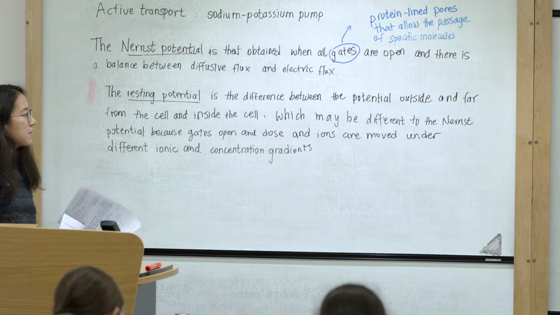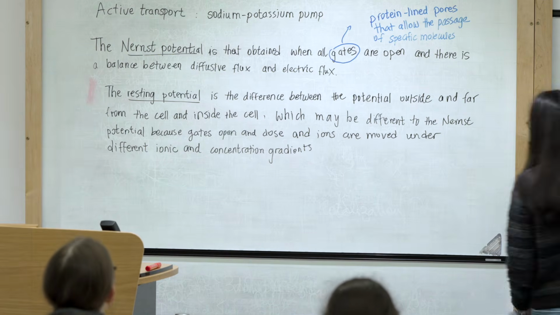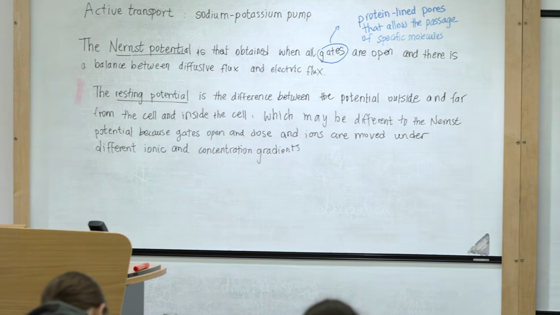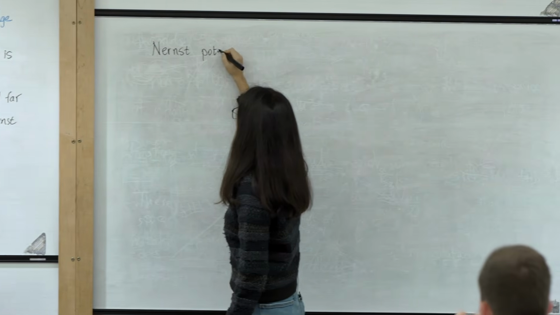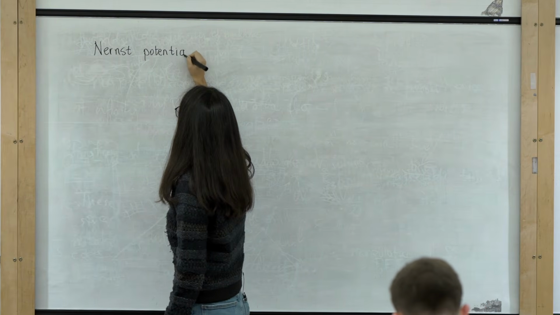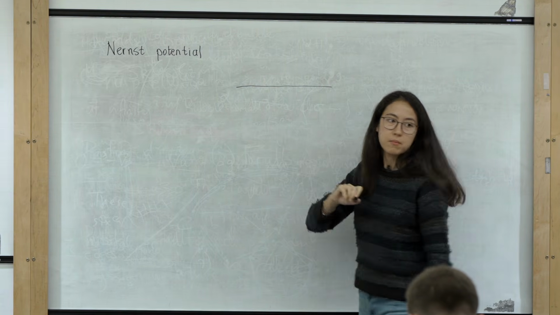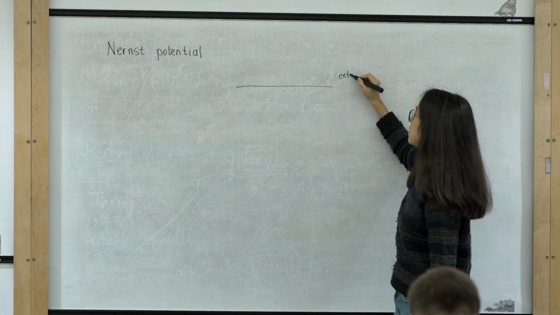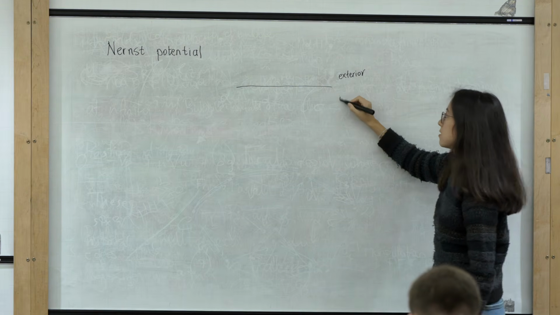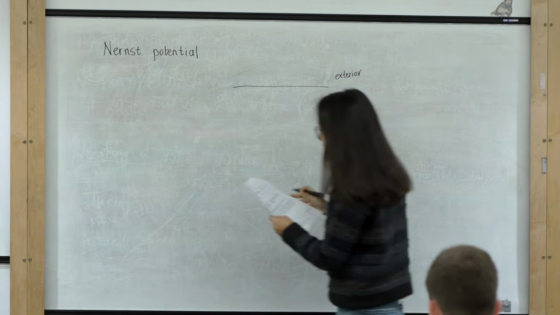Okay, so this is kind of difficult to understand if you don't see a diagram. So let me explain what these different things are. So I will first introduce this Nernst potential schematically. So let's imagine that this line that I draw now is the cell membrane, okay? And again, I have the exterior and the interior of this cell.